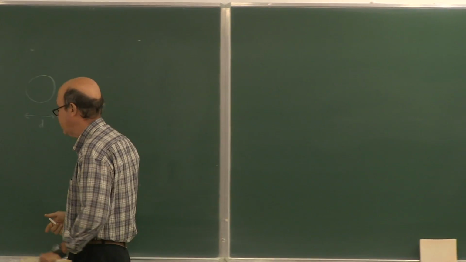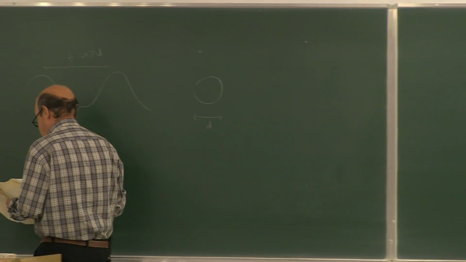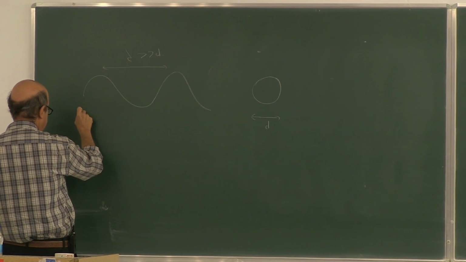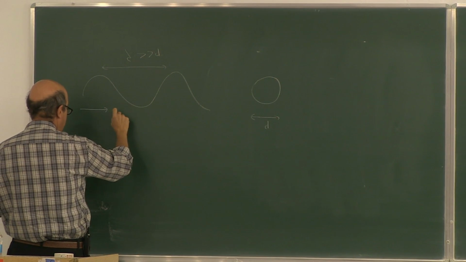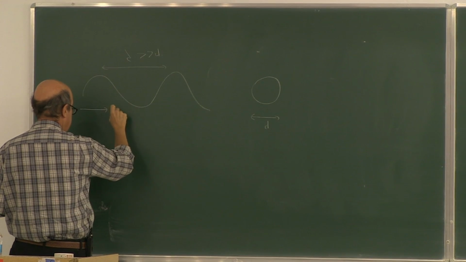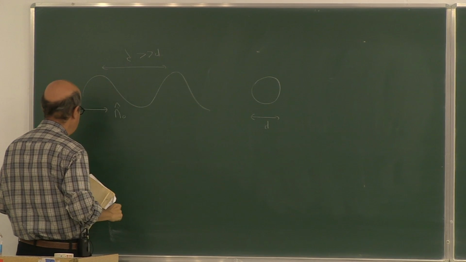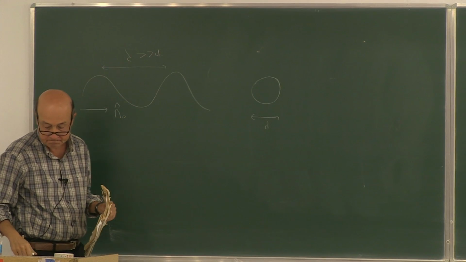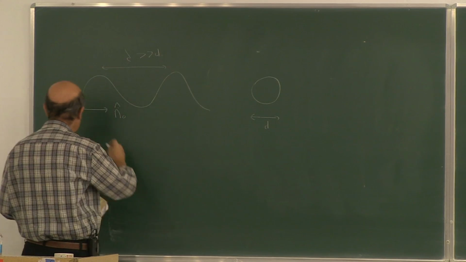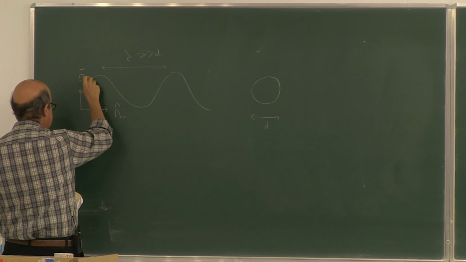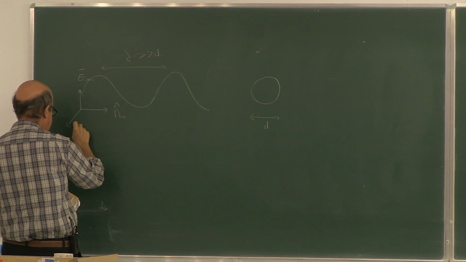investigate the scattering again. So suppose that an incoming wave propagating along n0 has the components of the electric field and magnetic field, of course, E incident and H incident.